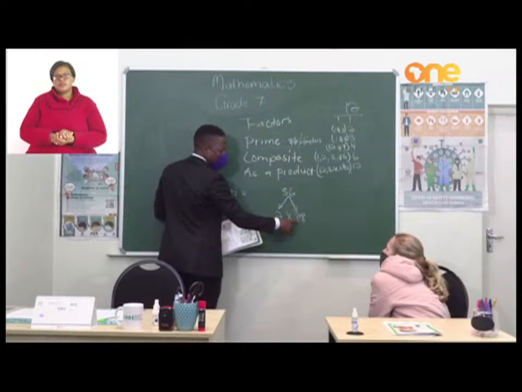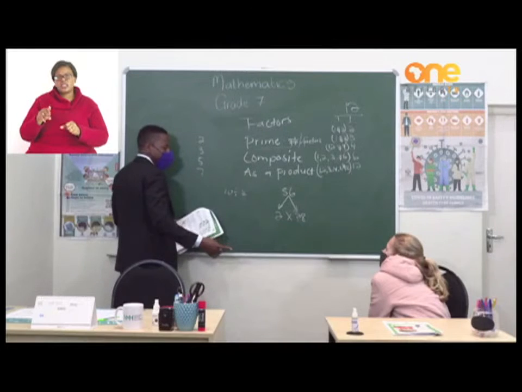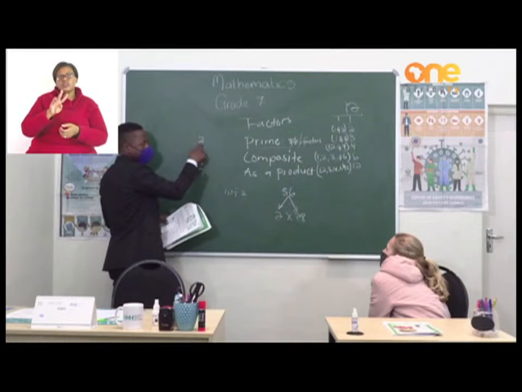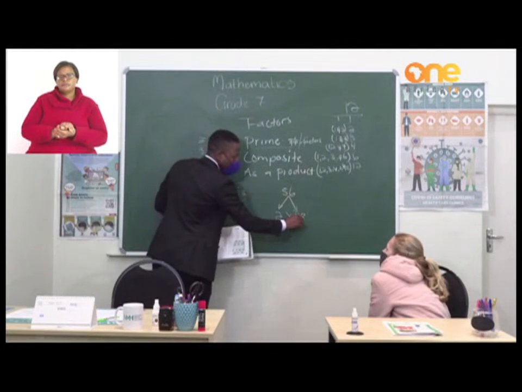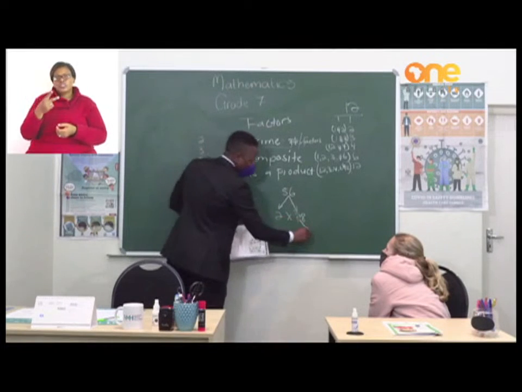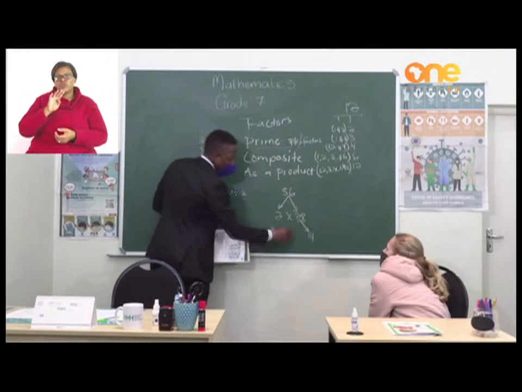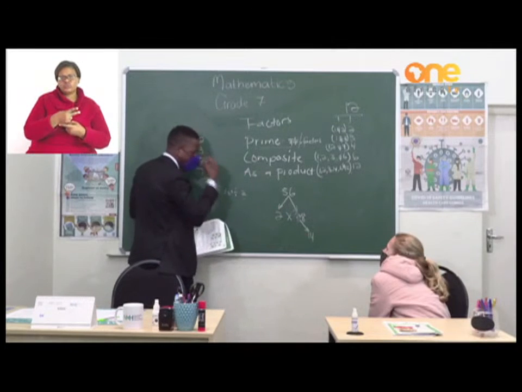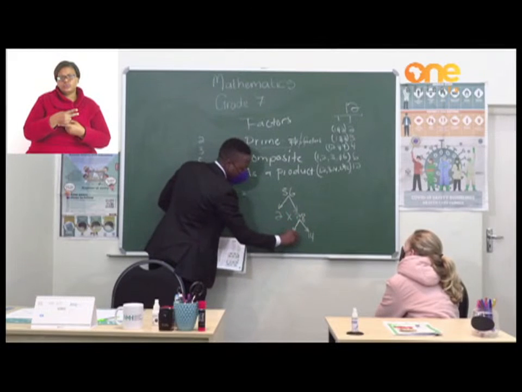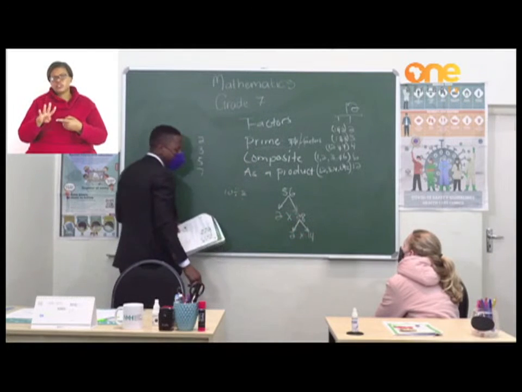Going down with 28, 28 is an even number, and even numbers are divisible by 2. So I'm remaining at 2, halving. If I halve 28, I will have 14. But what number must I multiply with 14 to get 28? Remember, we halved, so we have to multiply. 2 times 14 gives me 28.